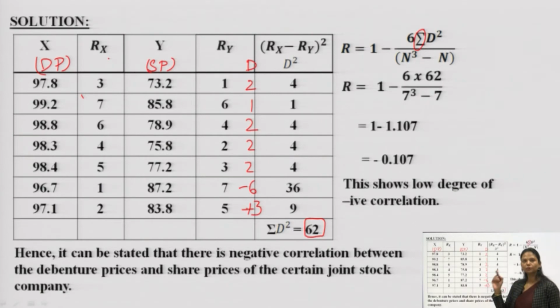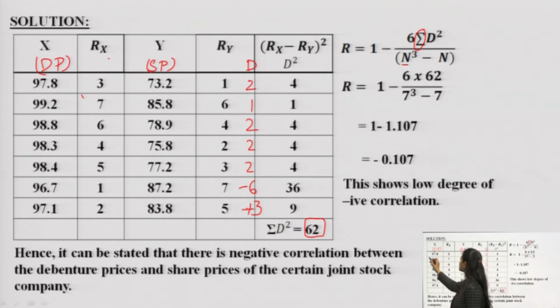Putting this 62 into the formula above, we are also supposed to find out what is n. So, n is the number of observations, that means 1, 2, 3, 4, 5, 6, 7. So, n is equal to 7 here.